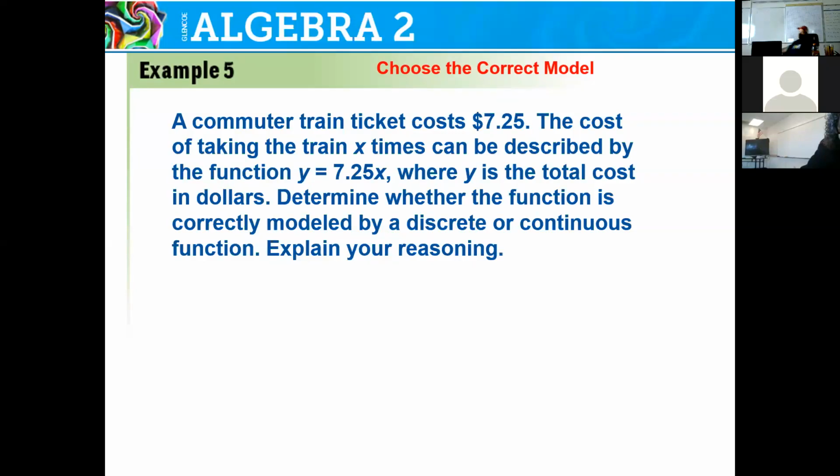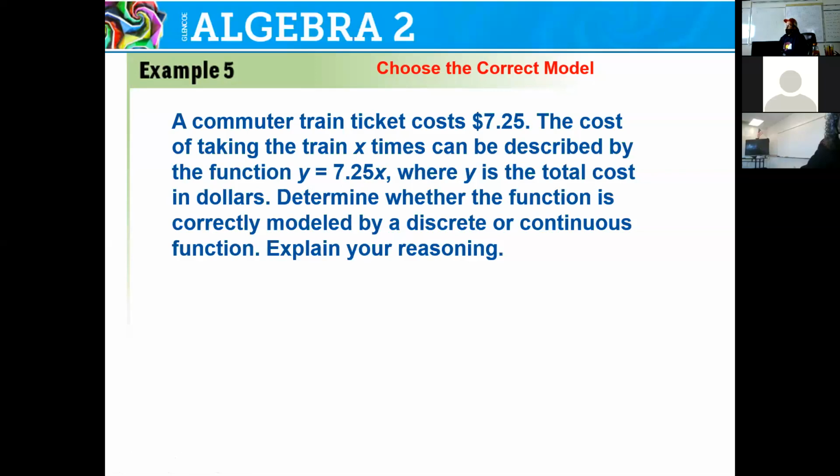So while this does look like it should be continuous because it fits the form y equals mx plus b, it can't be. If it was truly a continuous function, I'd be able to plug in 1.5 and get an answer. In this situation, I can't ride the train 1.5 times.